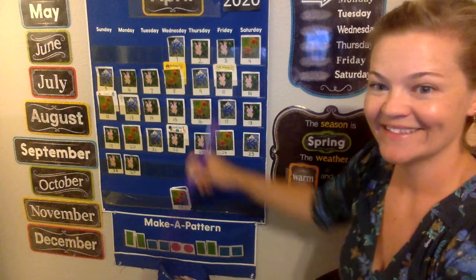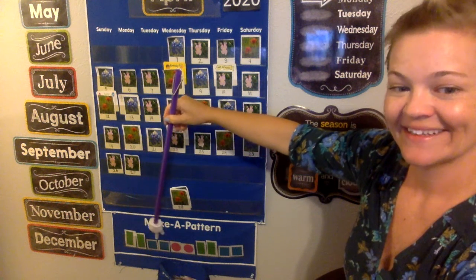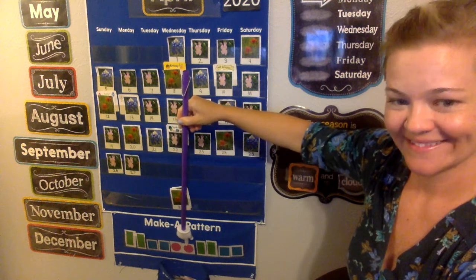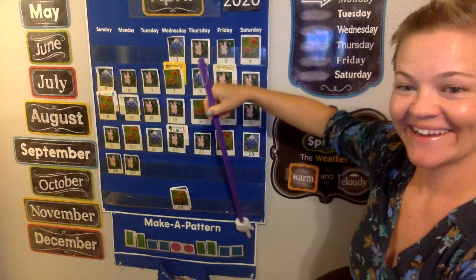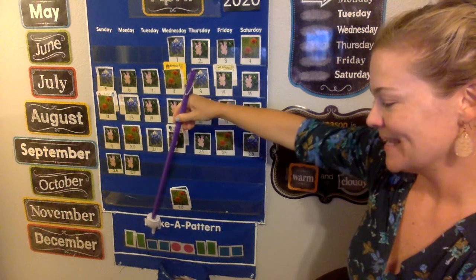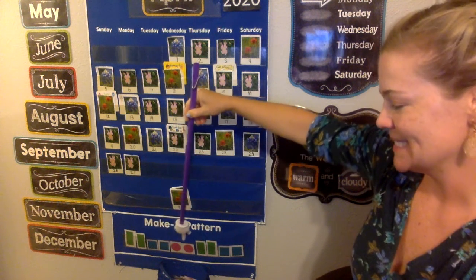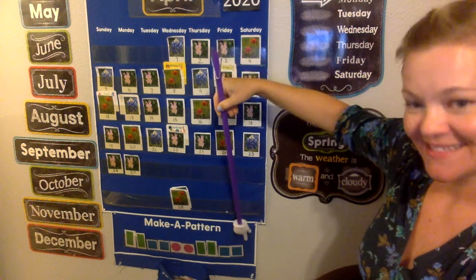I'm going to point to the shape and then say the letter, okay? Let's see if you can get it. Did you get it? Okay, let's do it together. See if you did. A, B, B, C, C. A, B, B, C, C would be next. So it's an A, B, B, C, C pattern.